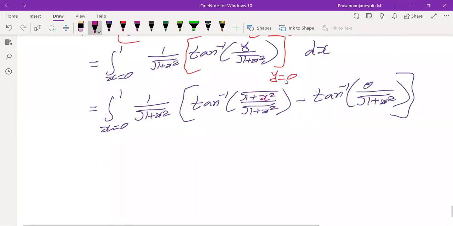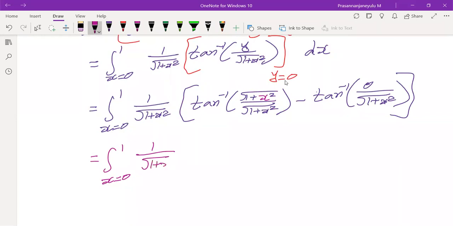So while we are doing this, what are we going to get? Integration of x varying from 0 to 1, 1 by root of 1 plus x square into tan inverse of 1, minus tan inverse of 0. 0 by anything is 0 only. What is the tan inverse of 1 value?